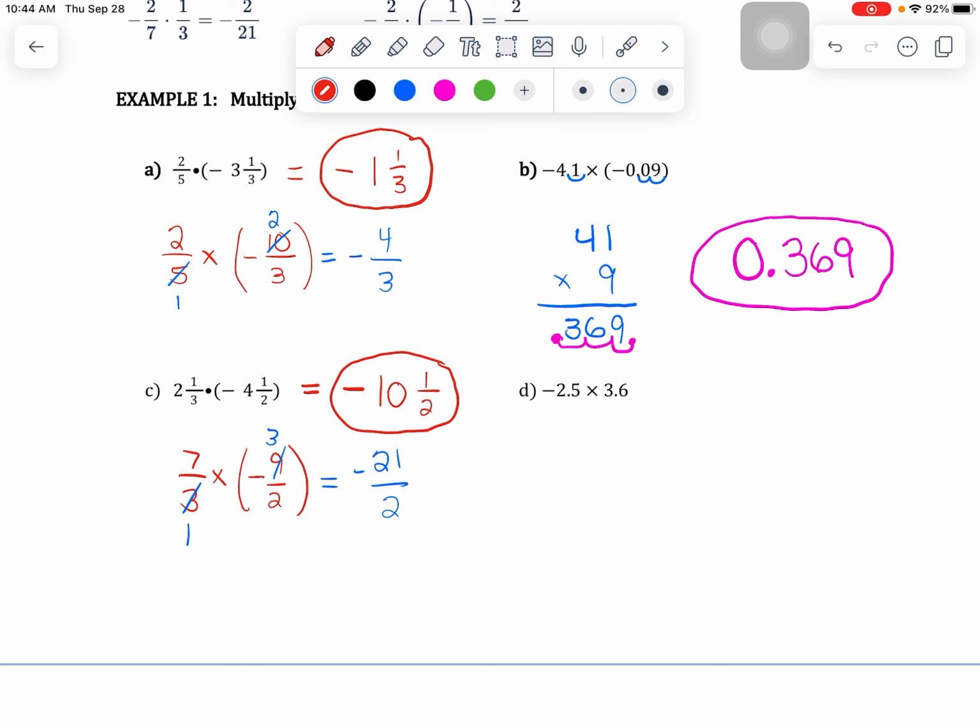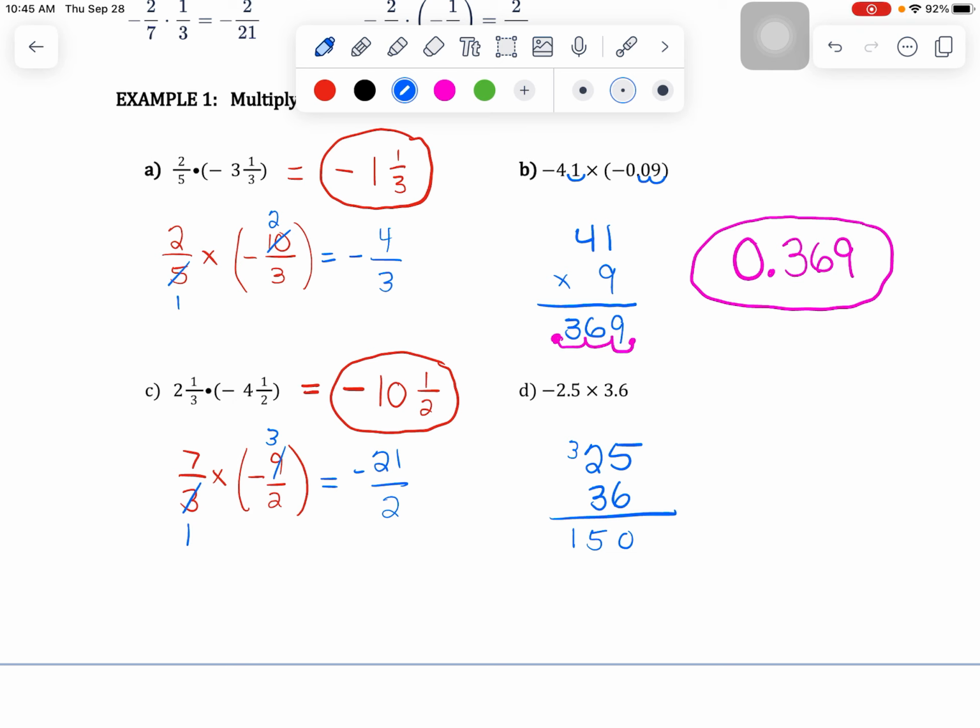All right, back to decimals. So when I'm multiplying these decimals, right, I'm going to pretend like these decimals aren't here. So I am multiplying 25 and 36. Okay, I'm multiplying 25 times 36. So when I do that, 6 times 5 is 30. 6 times 2 is 12 plus 3 is 15.